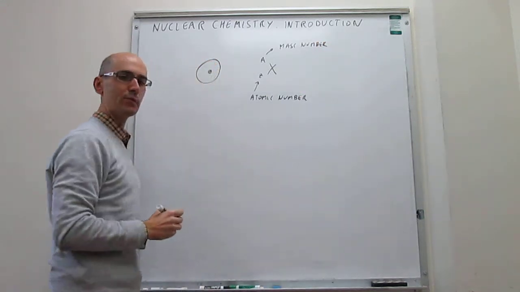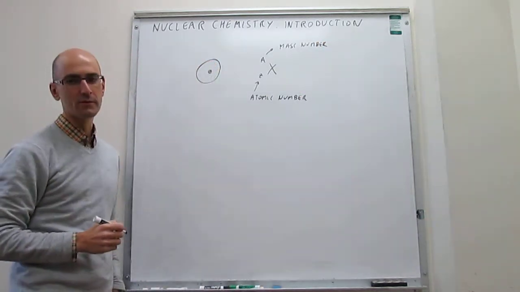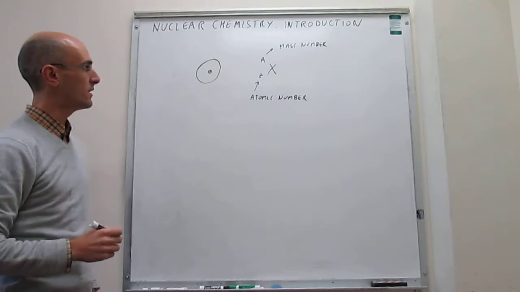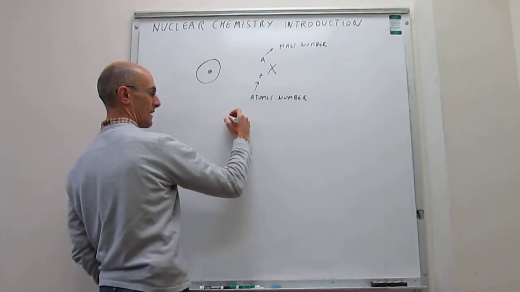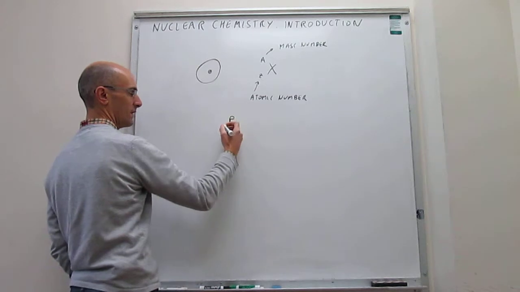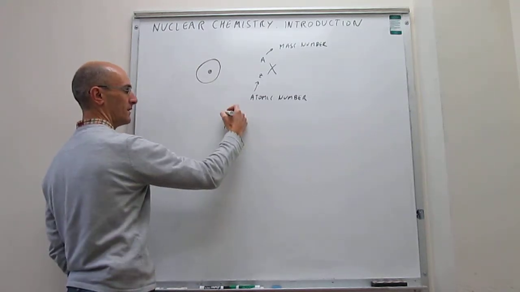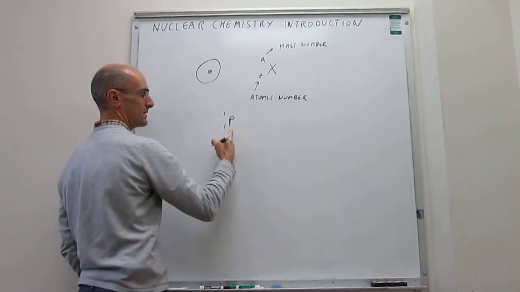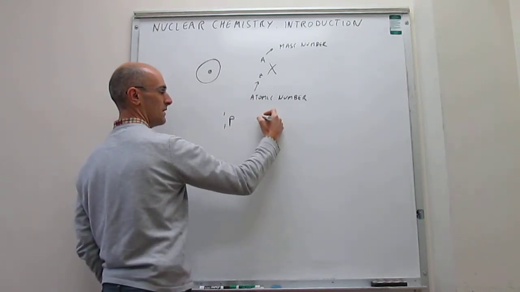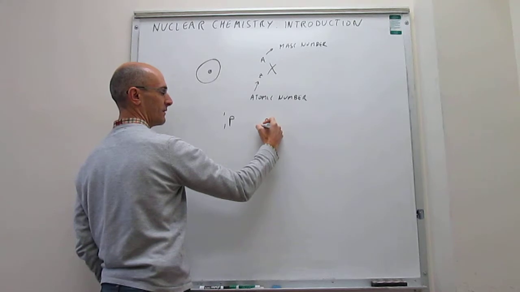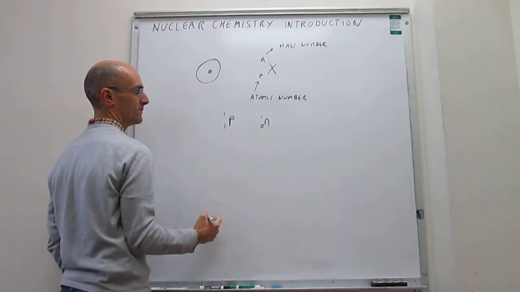There are going to be three main particles that we're going to be talking about. The proton has an atomic number of 1 and a mass number of 1. Neutrons have an atomic number of 0 and a mass number of 1.